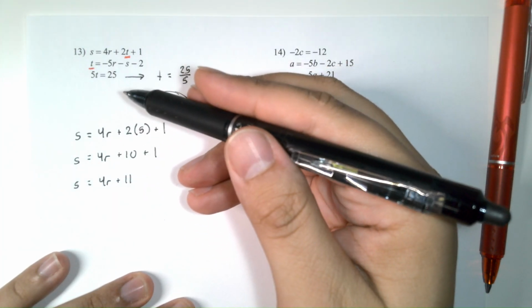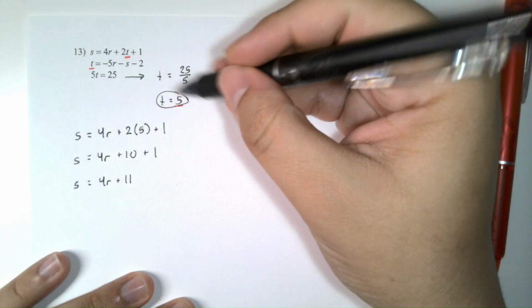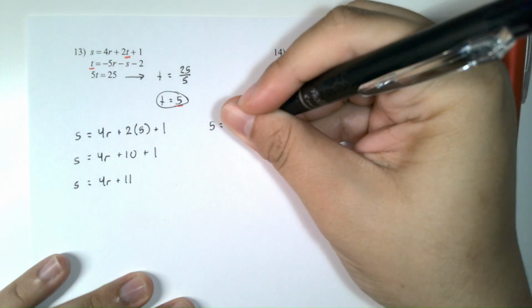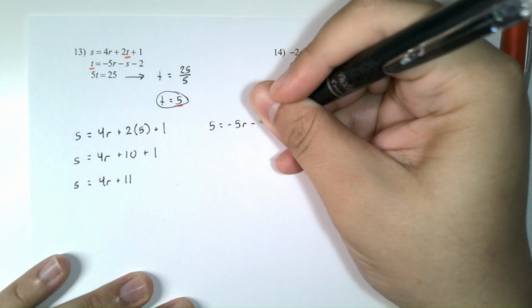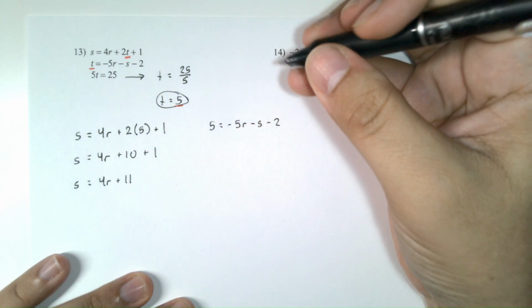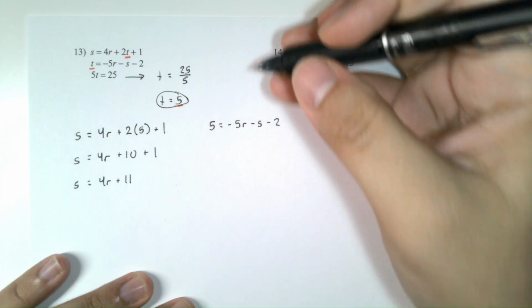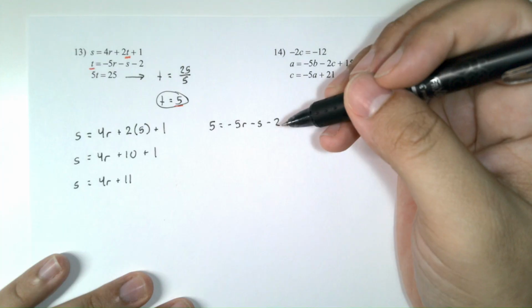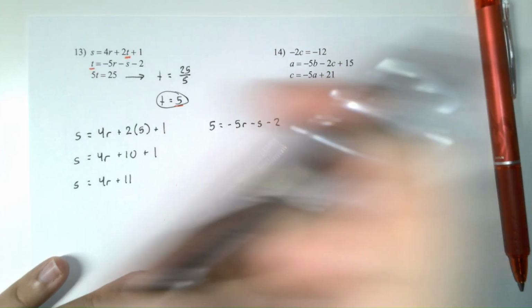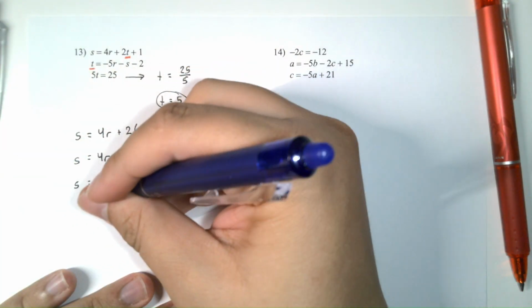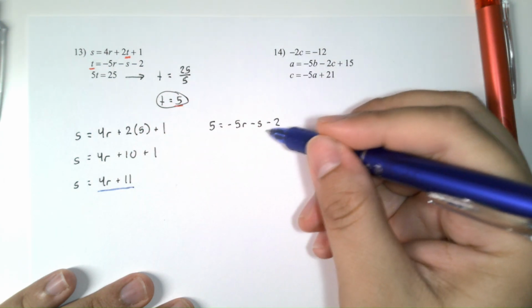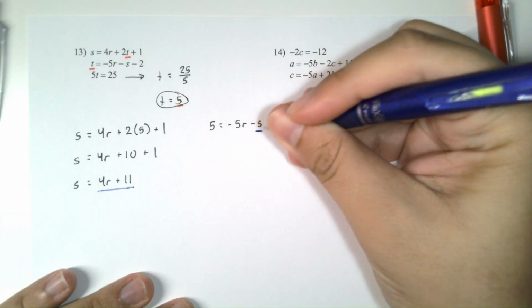For the other equation, since we know that t is equal to 5, swapping that out, we have 5 is equal to negative 4r minus s minus 2. So let's see. Well, we know that s is equal to 4r plus 11, so we can just input that over here where we see an s.